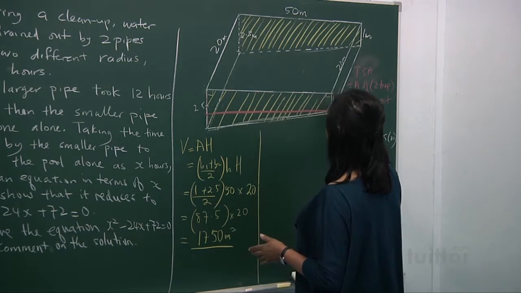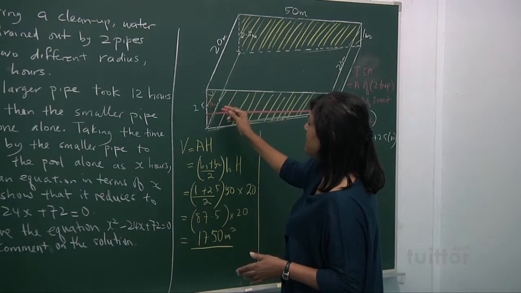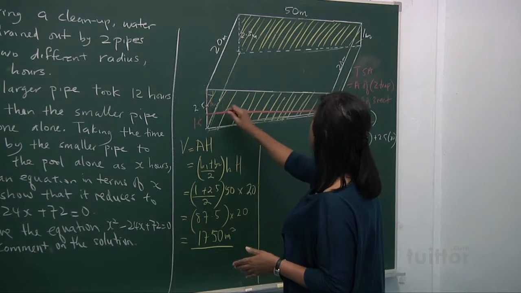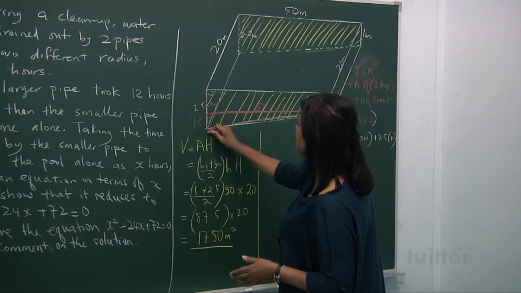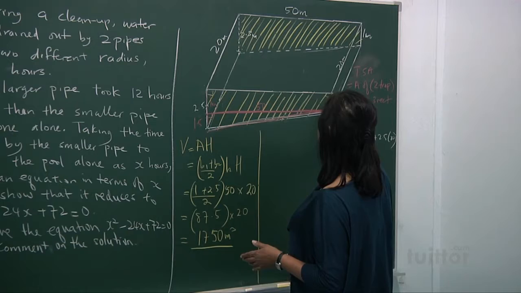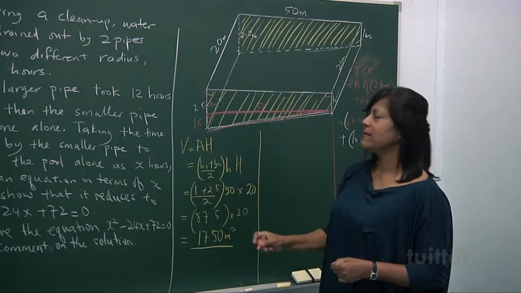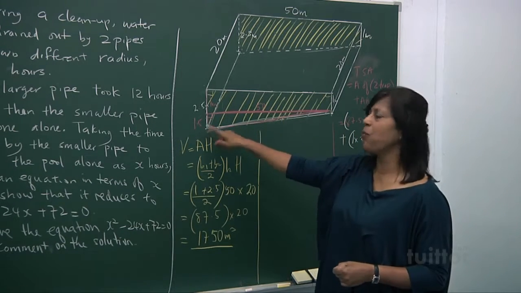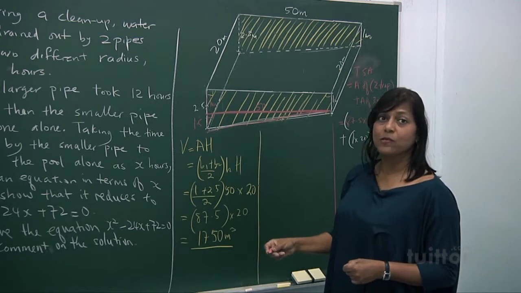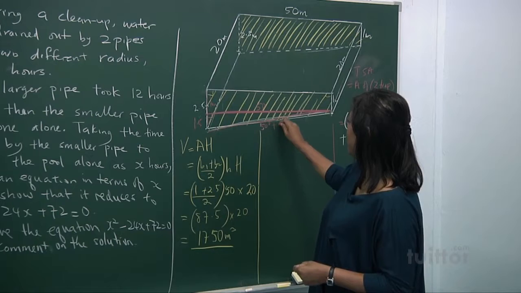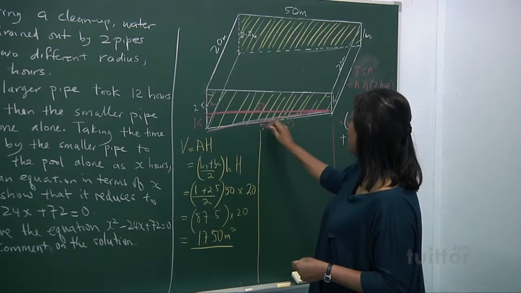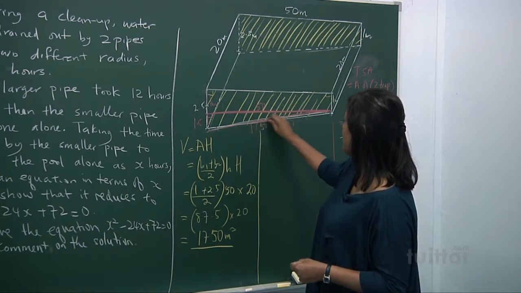Cut this off. This will be 1 meter. This will be 1.5. And this length is 50. So by Pythagoras theorem, we could work this out. It's the square root of 50 squared plus 1.5 squared.